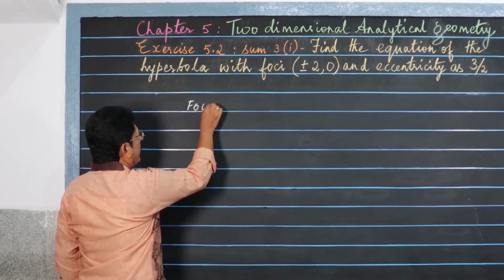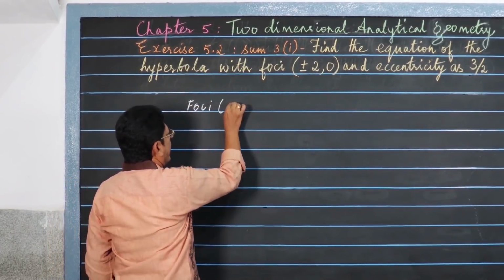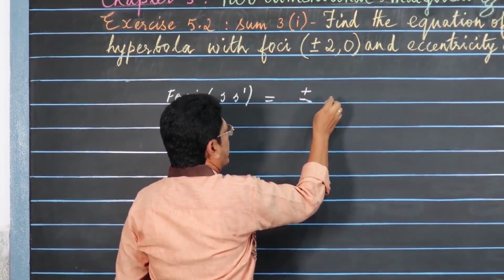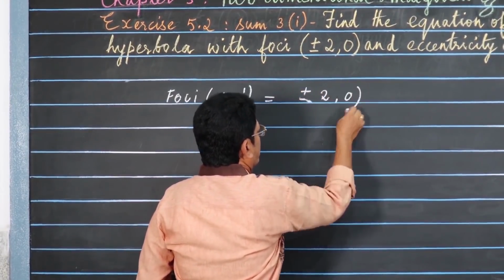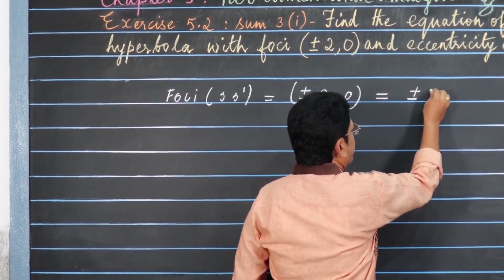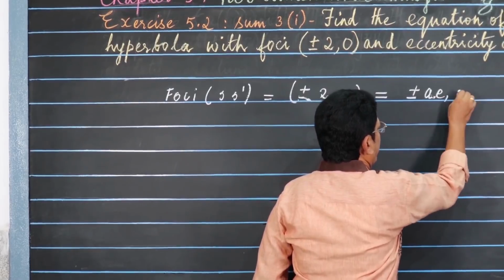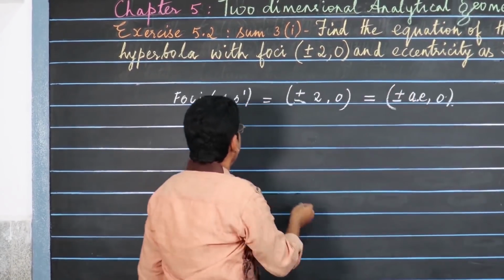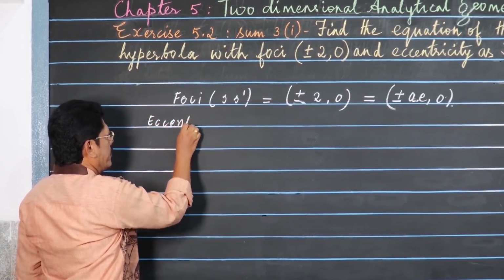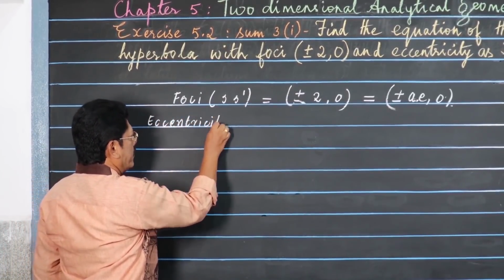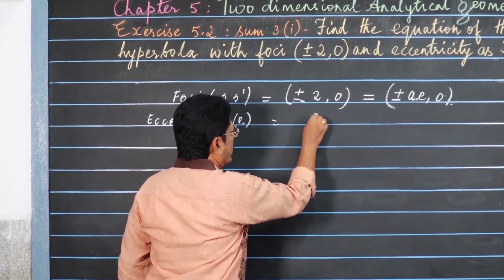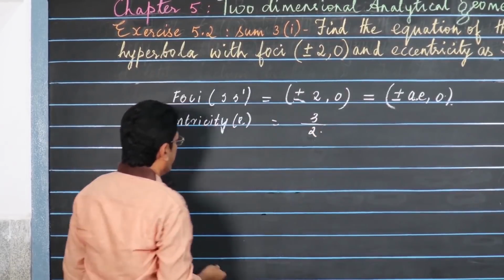Foci is denoted as S dash, which is equal to plus or minus 2, 0, which is further denoted as plus or minus AE, 0. And next is eccentricity. Eccentricity is denoted as E, which is equal to 3 by 2.